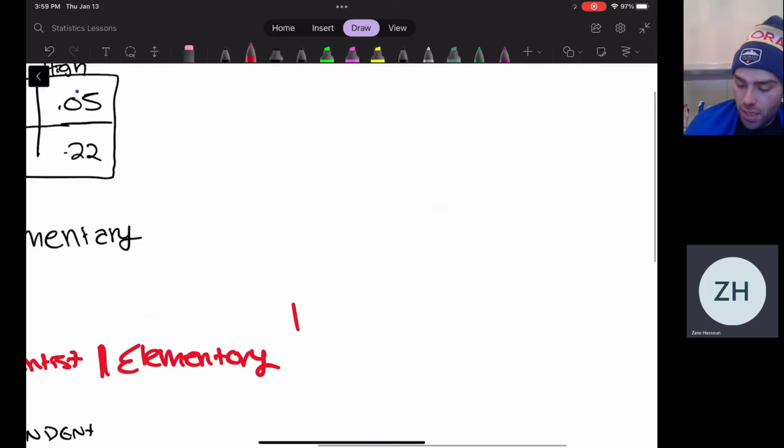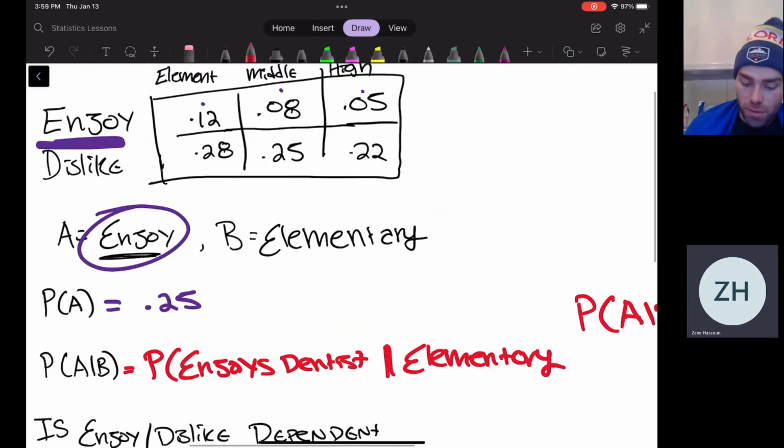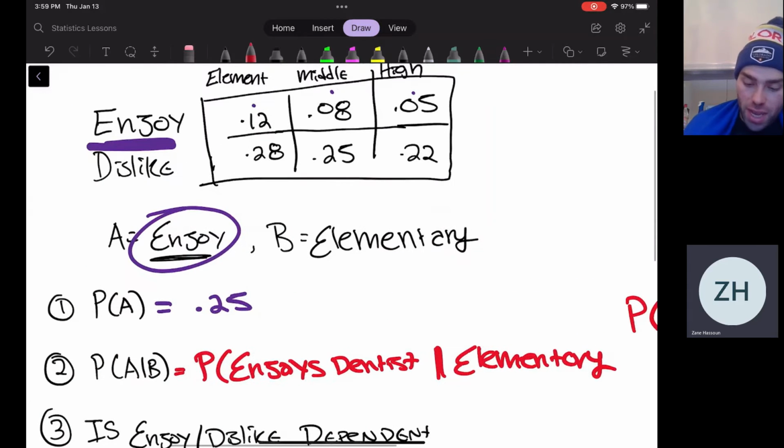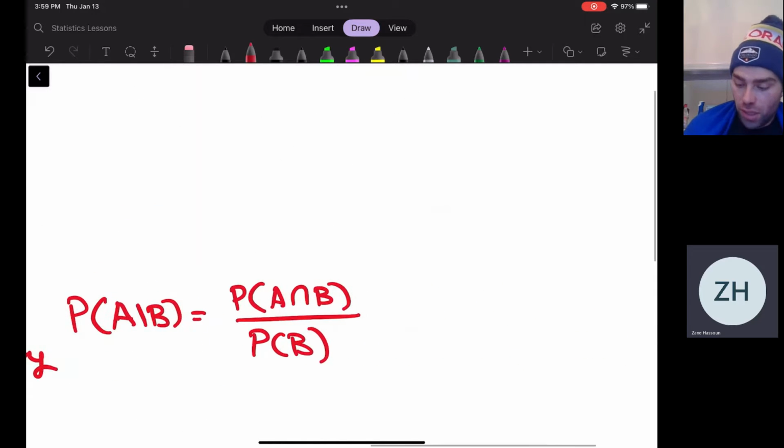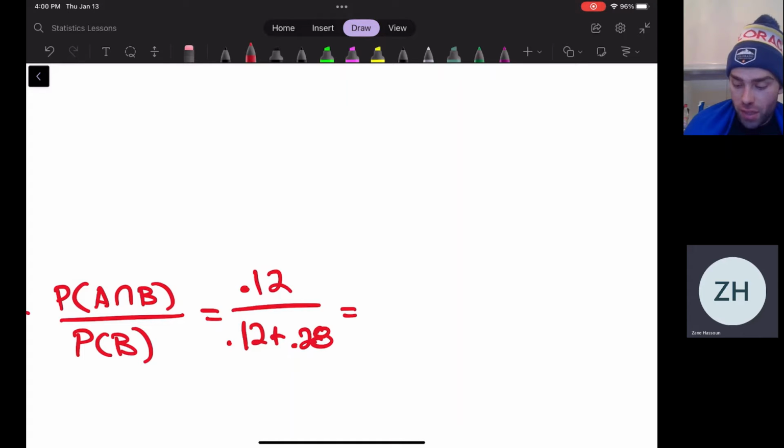As it is, the probability of A given B equals the probability of A intersection B over the probability of B. We know the probability of A intersection B is simply 0.12, so we input 0.12. B is in elementary school, so the denominator is 0.12 plus 0.28, which gives us 0.12 over 0.4.